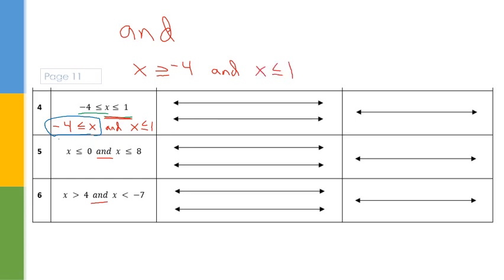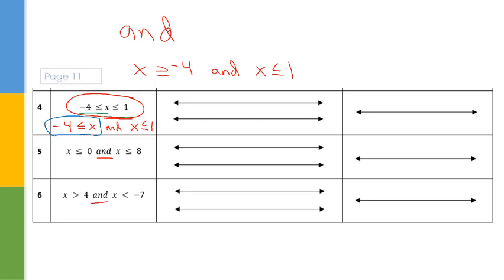If you're able to, once you see enough examples of this, graph right from this first compound and inequality, if you can do that, be my guest. But for me, I'm always going to split them apart and write them like this because I think it's easier to understand what's happening. Same thing as with the ORs.